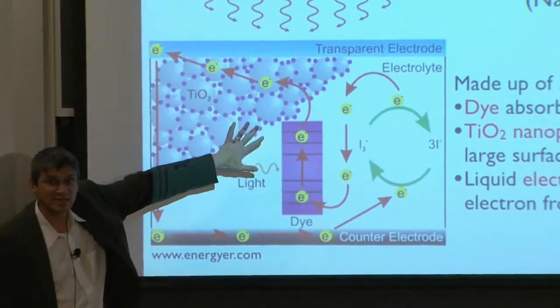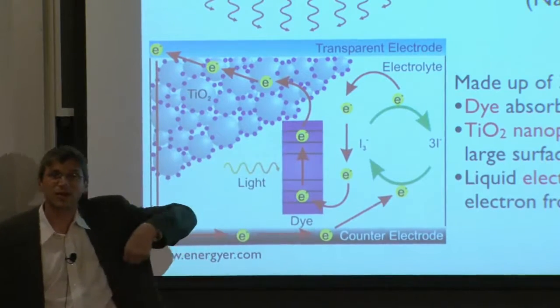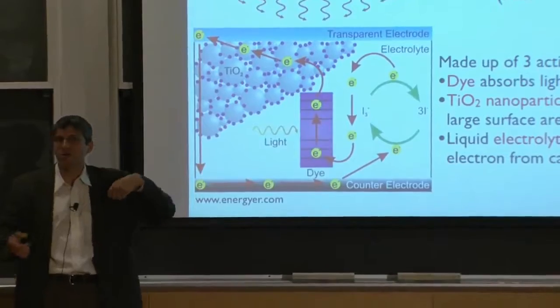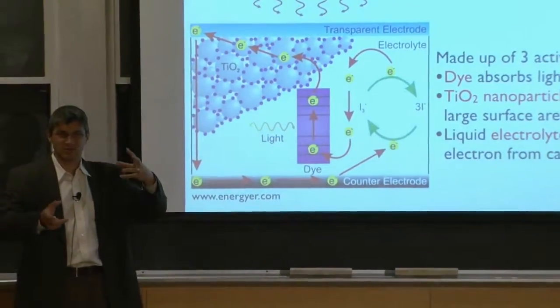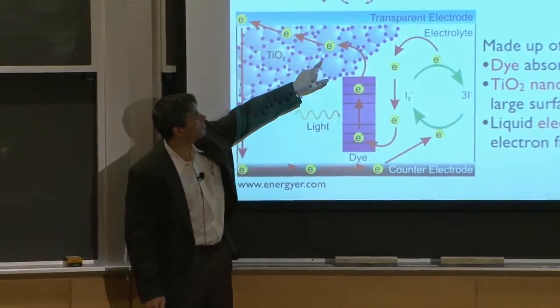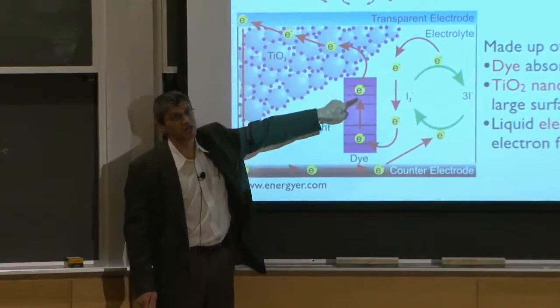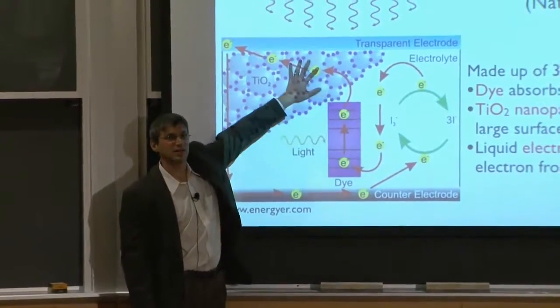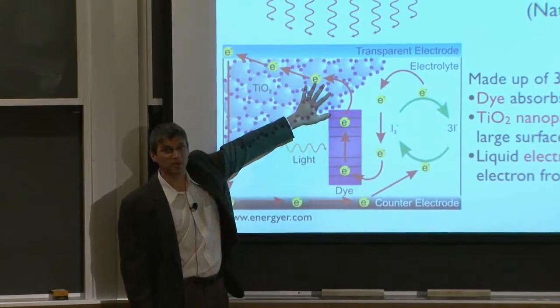Now, in this case, you're not going to worry about moving that electron around in some slow polymer, right, or amorphous material. You're going to put it into a TiO2 particle matrix where actually electrons zip along really efficiently. So you really boost the transport part of the problem.